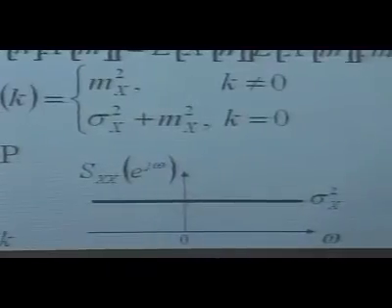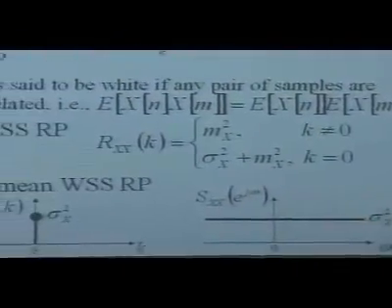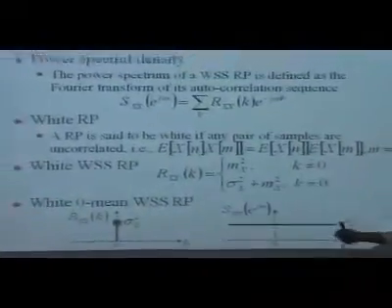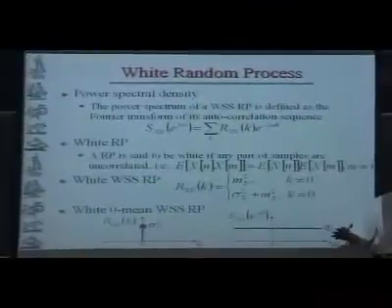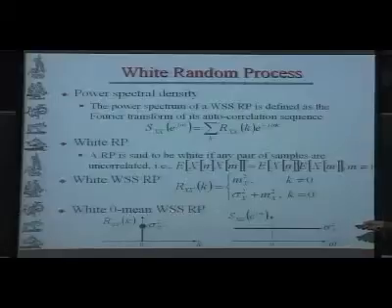And that comes out to be 0, meaning that you have nothing to do with your neighbor. Your neighbor doesn't have anything to do with you. You're totally different. There's nothing we can say. So that is a white, zero mean, wide-sense stationary random process.